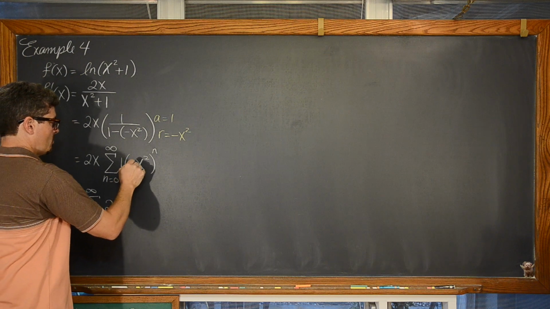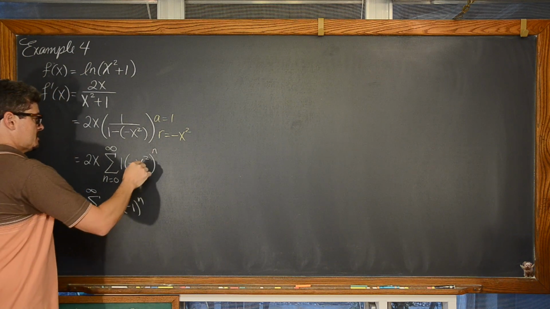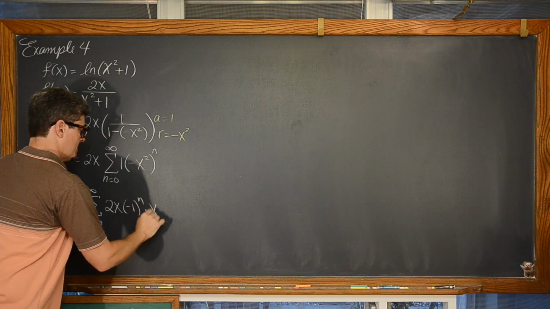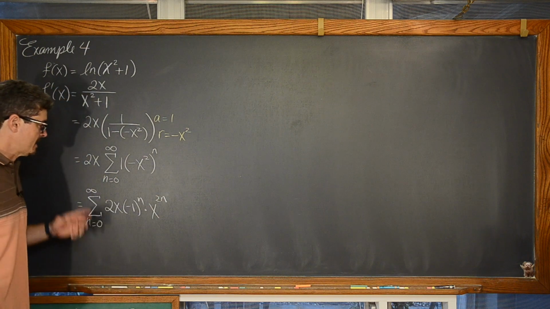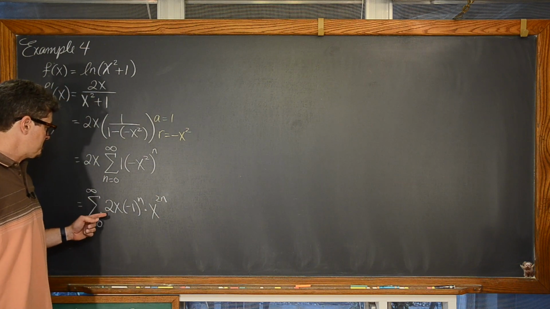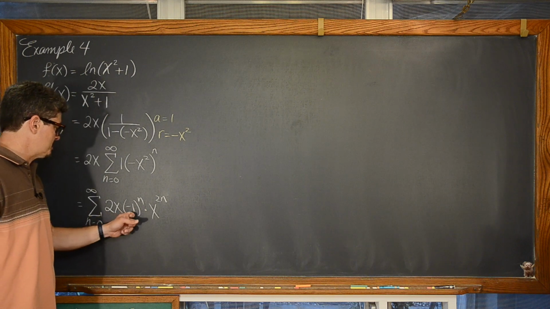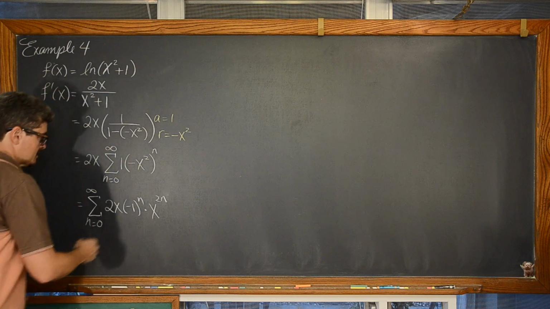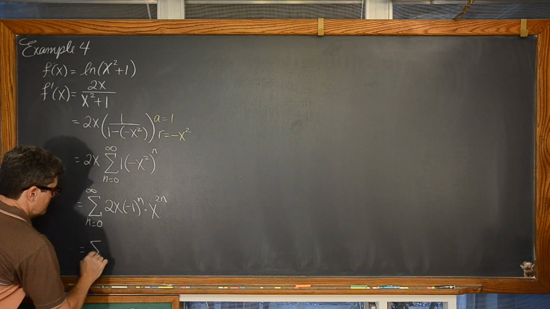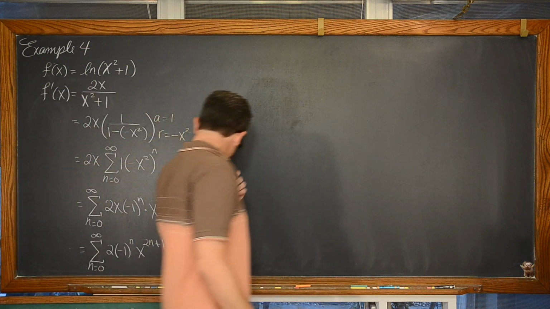Let's write negative 1 to the n power times x to the 2n power. Oh, nice. Now that's going to allow us to put together the 2 times negative 1 to the n, and we have x times x to the 2n, giving us x to the 2n plus 1. Sweet.